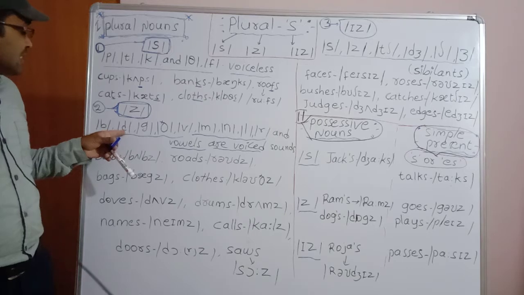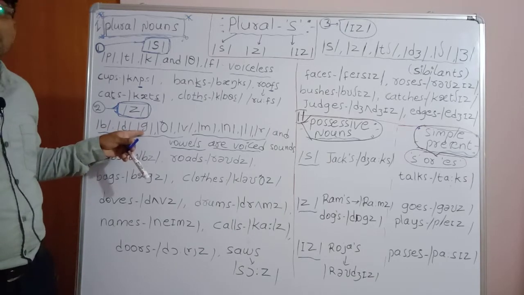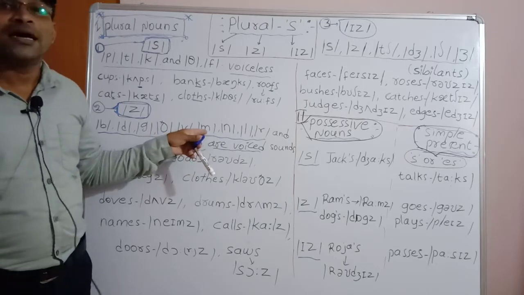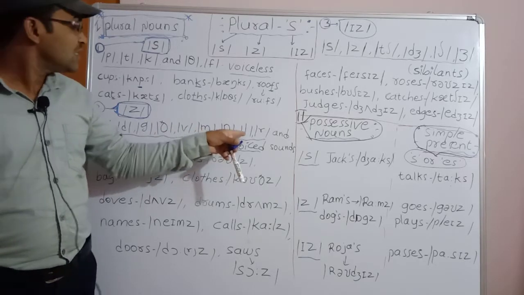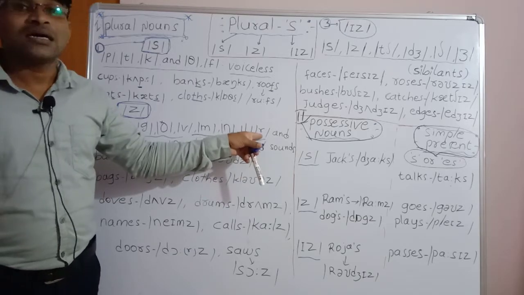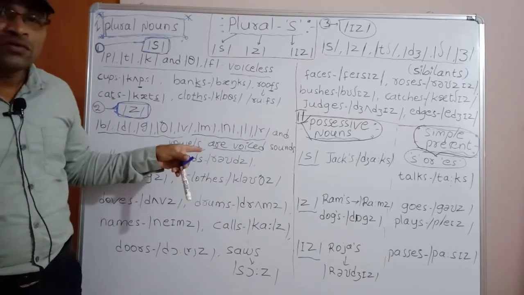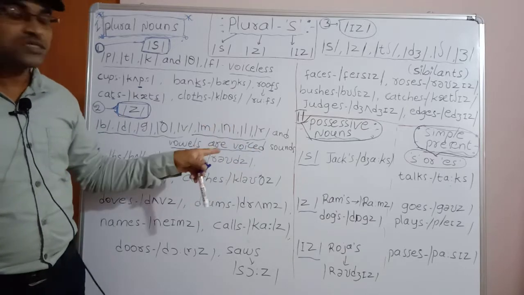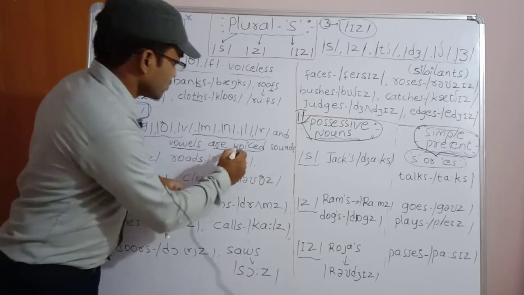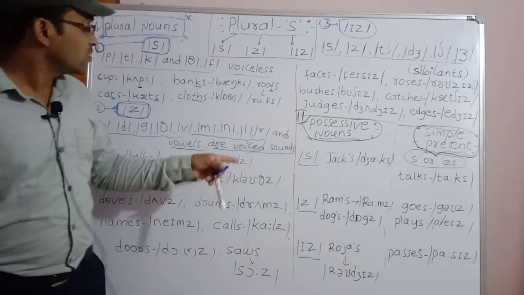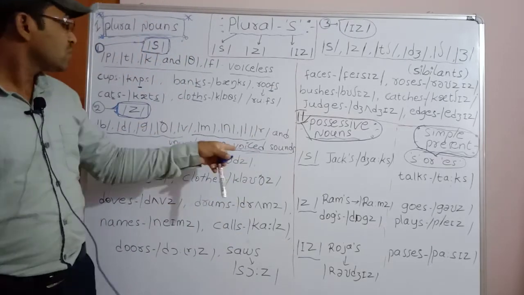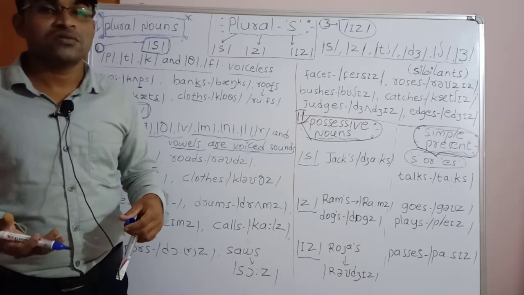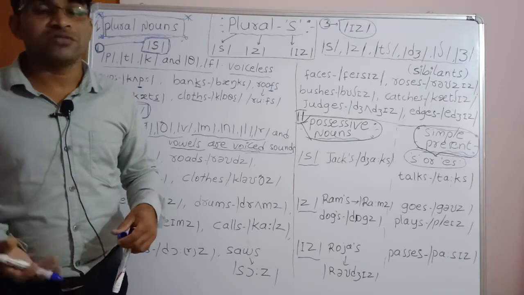B, d, g, v, m, n, l, r, and vowels are called voiced sounds. What are voiced sounds?